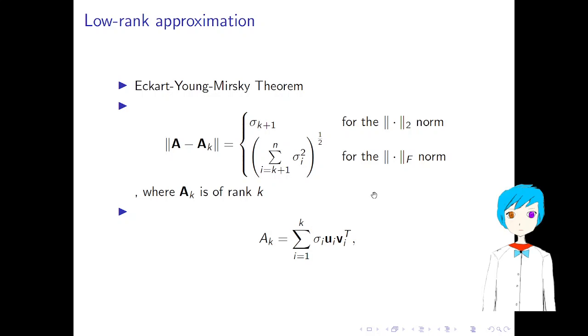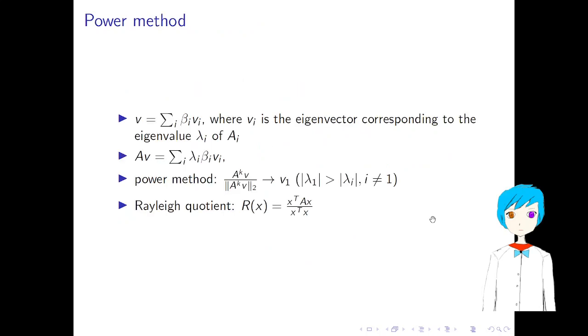We next discuss the eigenvalue problem of how to find the largest eigenvalue of a matrix. And then we discuss the power method. The power method is based on the idea that for any non-zero vector v, if the inner product of v and v_1 is not zero, then A times v can amplify the magnitude of the first eigenvector. Here v_1 is the eigenvector corresponding to lambda_1, where lambda_1 is the eigenvalue of the largest absolute value.